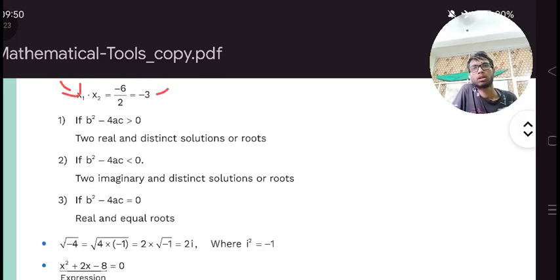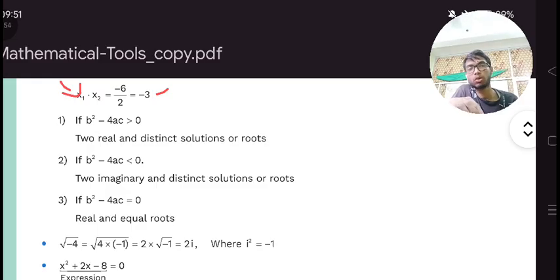Next we have, if b square minus 4ac is greater than 0, then what will happen? Remember, the discriminant will tell you the nature of roots, the nature of the solution of a quadratic equation. So it is telling you if D is greater than 0, then the roots will be unequal and real.